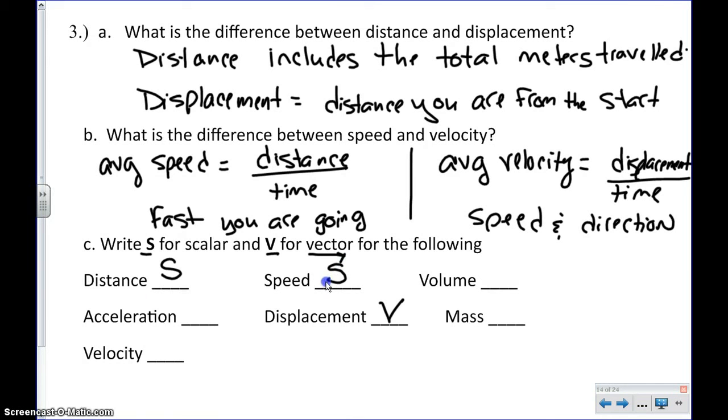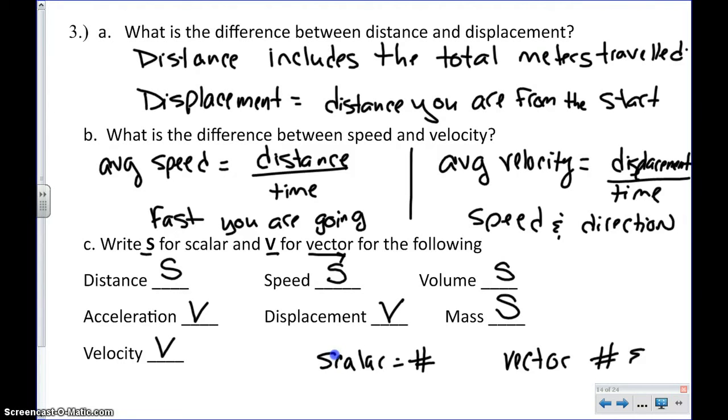So that is a scalar, but velocity is how fast you're going and your direction, so that is a vector. Acceleration is your velocity change over time, so that's going to be a vector. Volume and mass, we haven't talked about it at all, but does volume have a direction? No, so that's a scalar. Does mass have a direction? No, so that's also a scalar. So remember, scalar equals number, vector is number and direction.